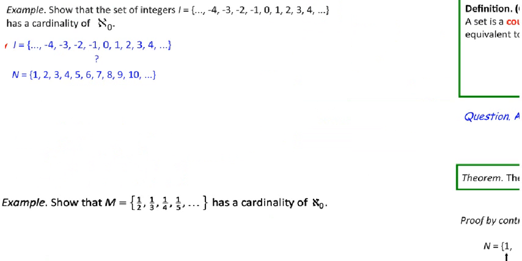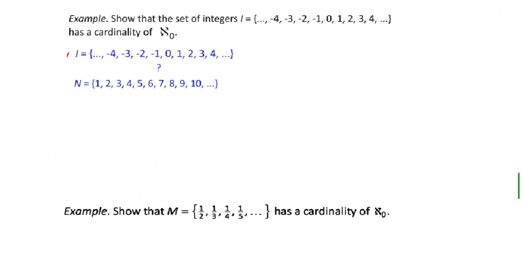It wants us to take our natural numbers and integers. First I'm going to have my natural numbers, 1, 2, 3, 4, 5, 6, 7, 8, 9. Now this time, because the integers are negative and positive numbers, we actually have to include both rules for our natural numbers.